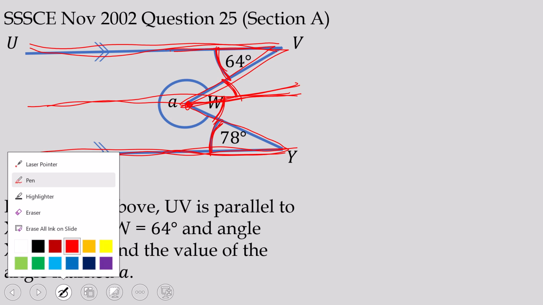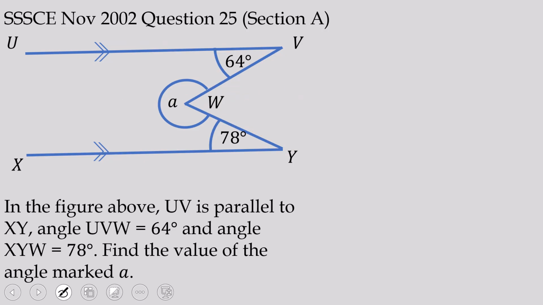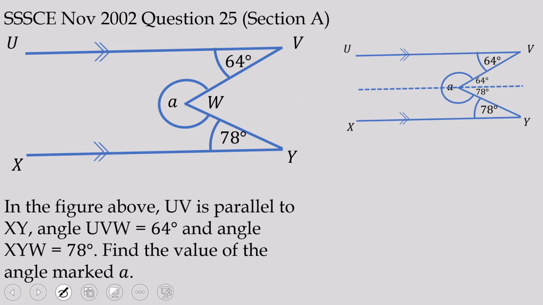So to get a much better view, let's take a look at this picture over here. So since we have the Z shape, I take note this line is also parallel to this line.